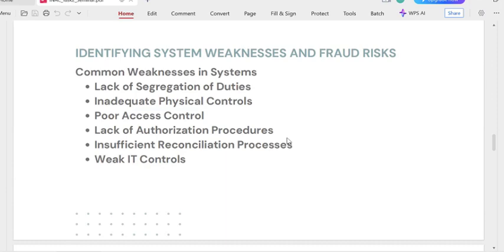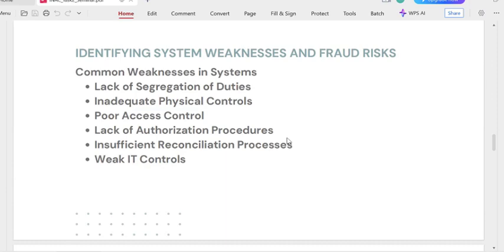The computer in which you have the financial accounting system, your software, which is doing all the transactions and everything, is not password protected. If the system is not password protected, anyone can access the system and make changes.